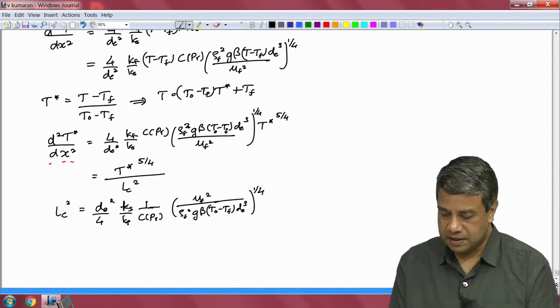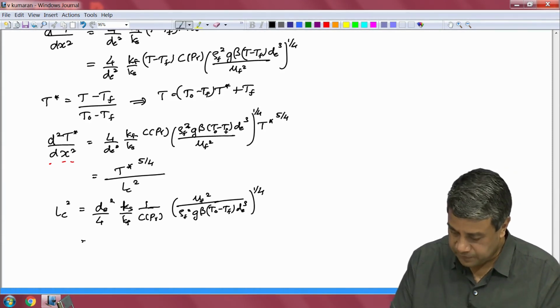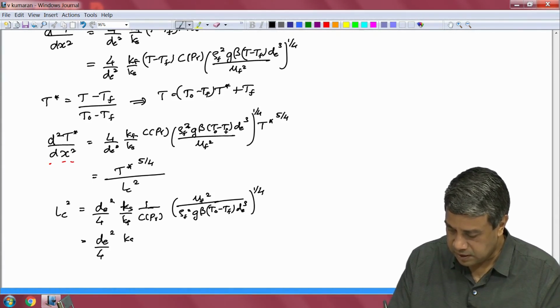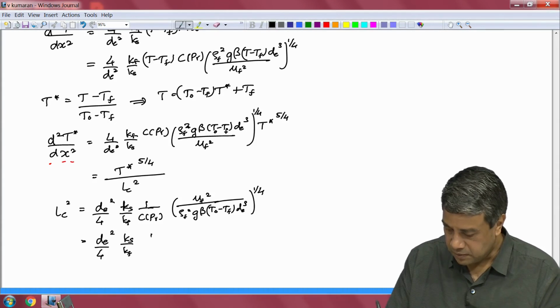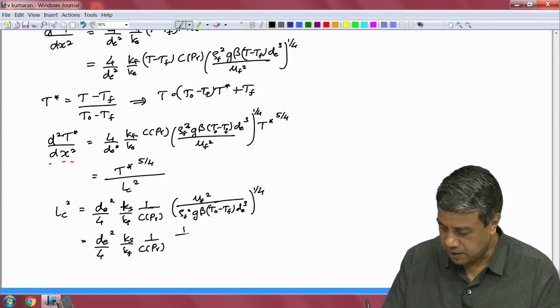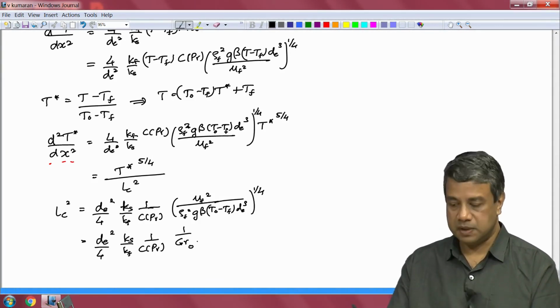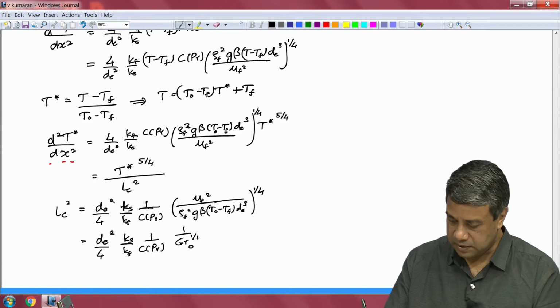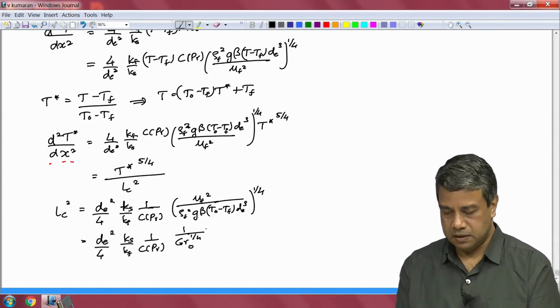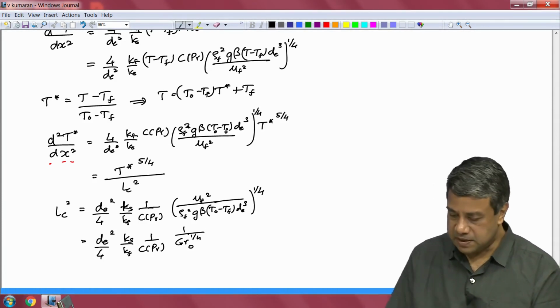And you can see that this is equivalent to dE square by 4 into Ks by Kf 1 by C of PR into 1 by Grashof number based upon the initial temperature, based upon T naught, to the 1/4. Okay, it is dE square times this entire thing.